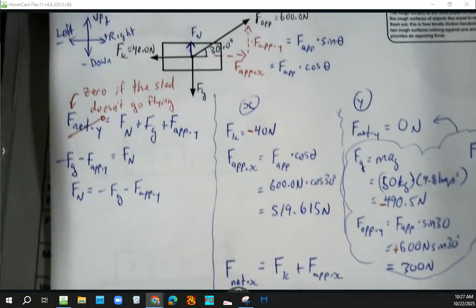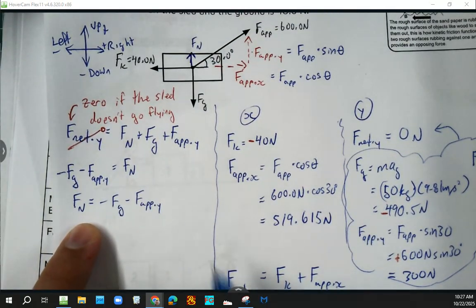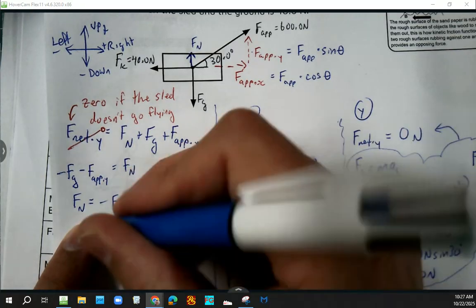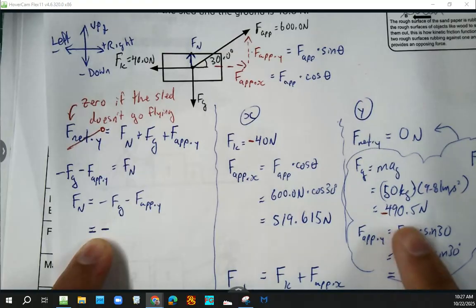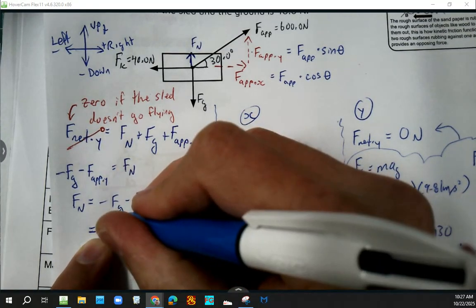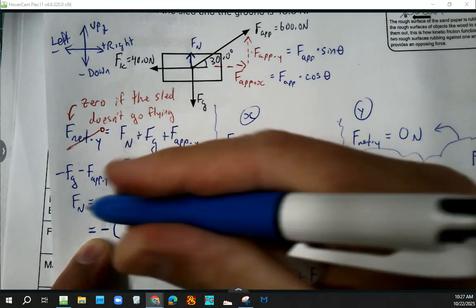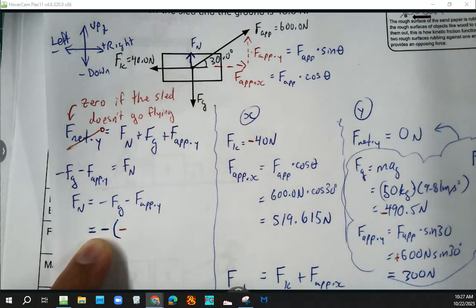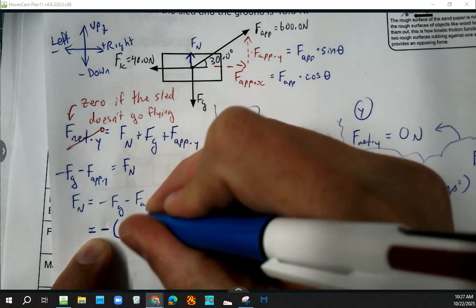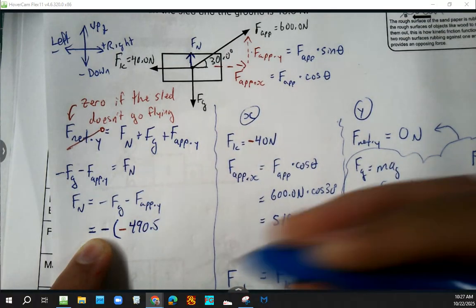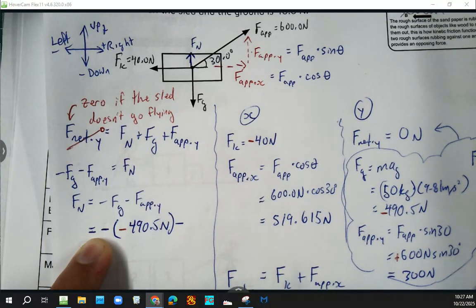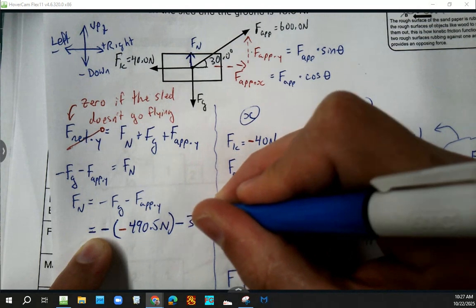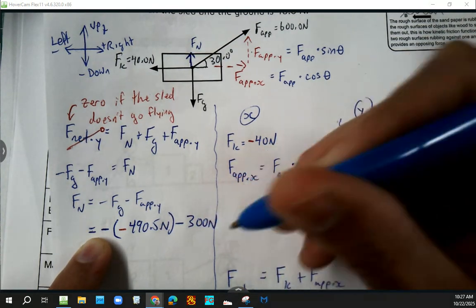I want to zoom back up to this normal force calculation and say, okay, well, we had some logic for why normal force was going to be calculated like this. Negative of Fg, so I've got a negative sign from the formula, and I'll highlight that this negative sign is from the reference frame, negative of negative 490.5 newtons minus F applied y, which was 300 newtons, but minus a positive value, 300 newtons.